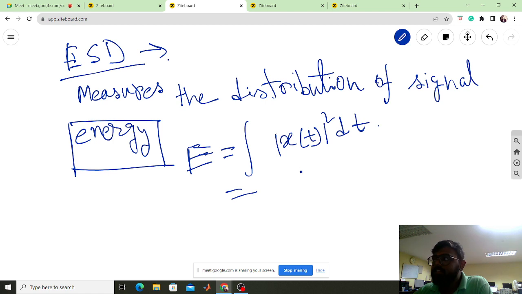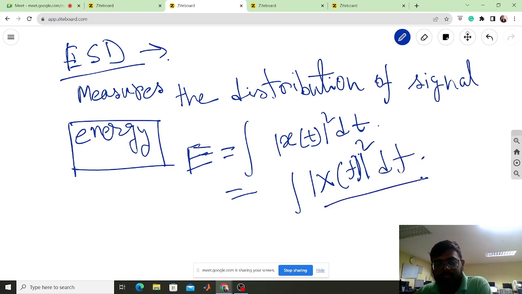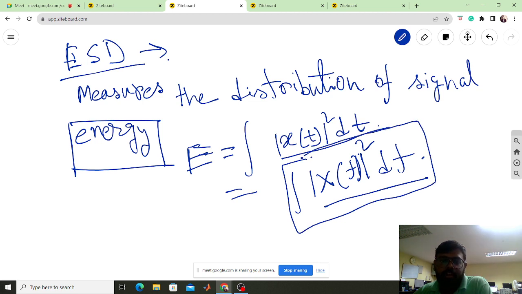So from Parseval's theorem, we just write that this is |X(f)| square df. So energy is the integral of |X(f)| square df, where |X(f)| square is the energy spectral density.